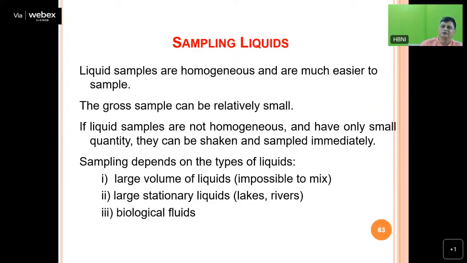There are large volumes of liquid which are impossible to mix, large stationary liquids like lakes and rivers, and then different biological fluids. So depending on which kind of matrix you are taking the liquid samples from, your sampling methods will vary.